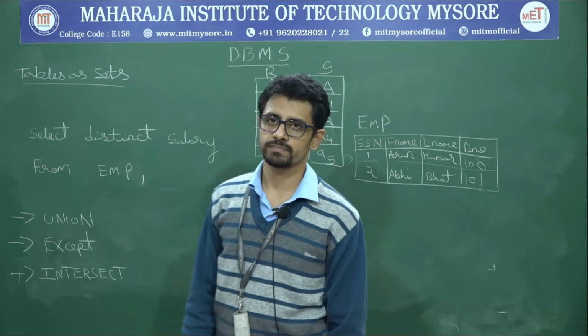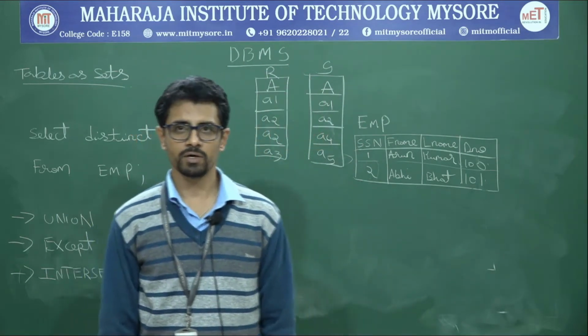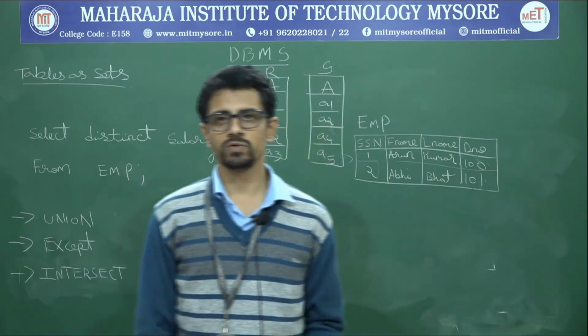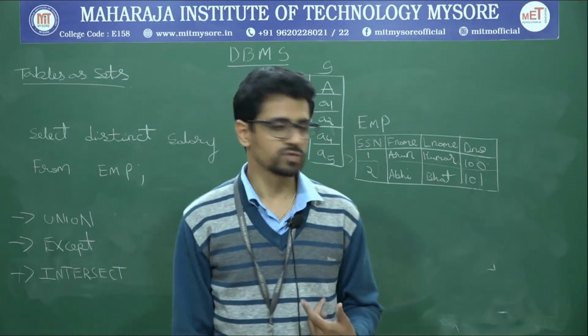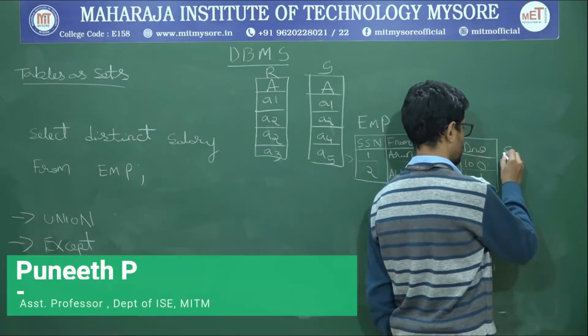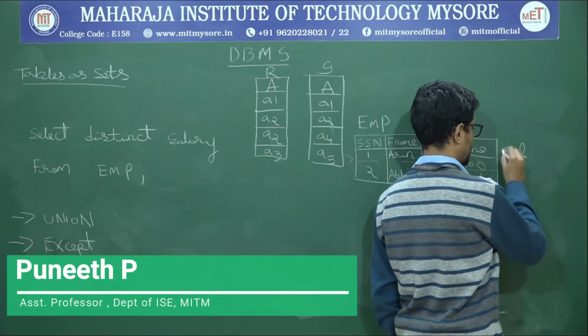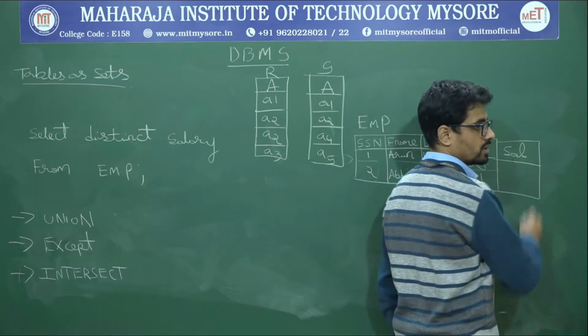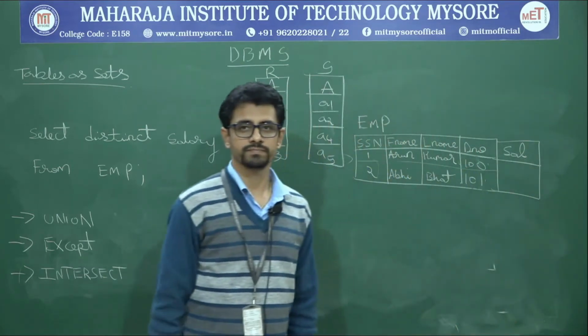Normally we take a table as a multi-set because it has different attributes, with some attributes having duplicate values. Say for example, I had a salary attribute for employees.